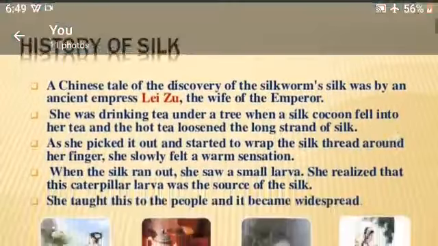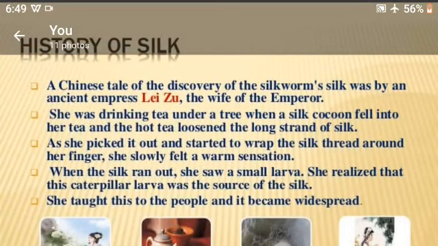History of Silk, a Chinese tale of the discovery of the silkworm. Silk was discovered by an ancient empress, Li Ju, the wife of the emperor. She was drinking tea under a tree when a silk cocoon fell into her tea, and the hot tea loosened the long strands of silk.